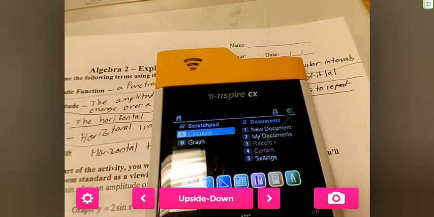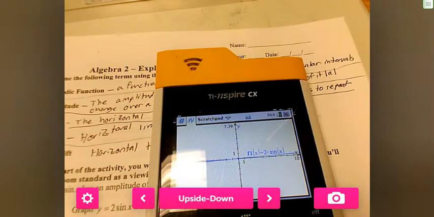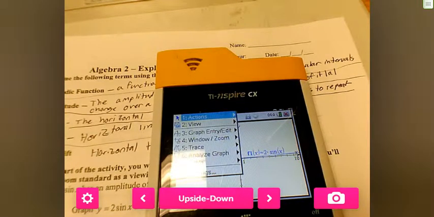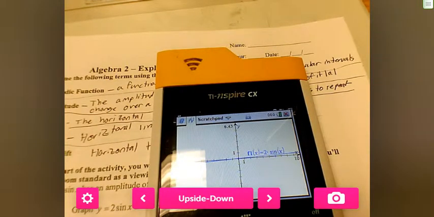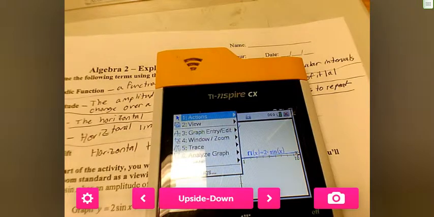And then I'm in my graph, and I'm going to hit 2, I'm just doing number 1A. I'm putting 2 sine x in there. And then I need to change my window. So if I hit menu, I can go to window zoom, and then I can hit standard. No, I don't want that. I want to zoom in. Okay, we're gonna zoom in a bit.